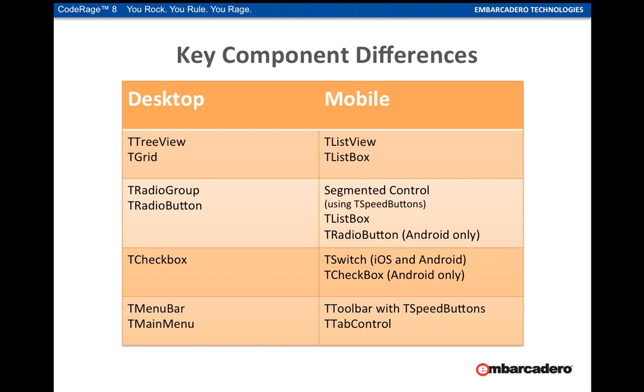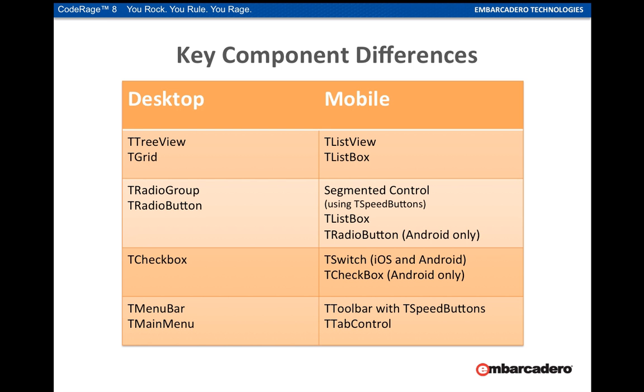Radio groups and radio buttons are specifically not common on iOS. On iOS, you would use a segmented control to divide up and allow single selection via TSpeedButtons, and I'll show that a little later on, TListBox, or a TRadioButton, but that is Android specific. Now, on the desktop, you would use a TCheckBox.